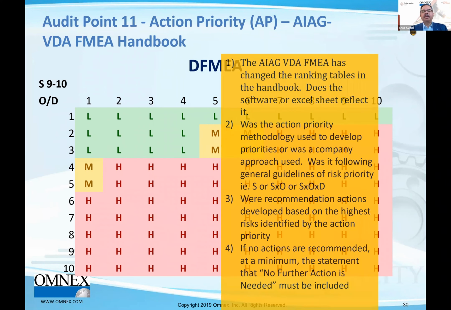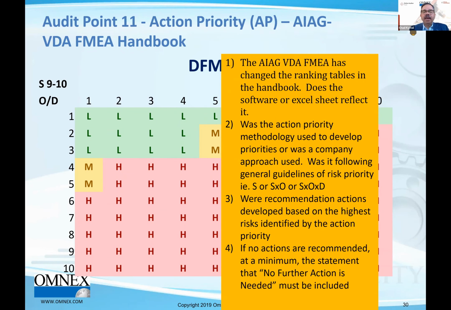Hang on one second. So the AIAG-VDA DFMEA has changed the ranking table. Does that software, and I imagine some people will still go and try and do Excel, does it reflect that? Was the action priority methodology used to develop the priorities?